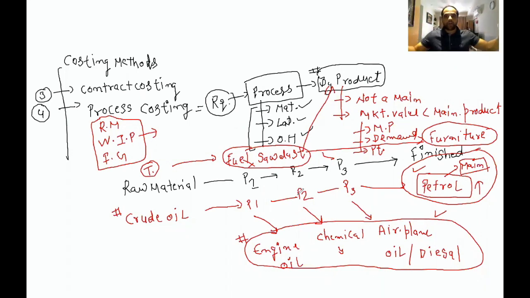When you are in the process of making the main product, things are coming out. So that thing's called a byproduct. Because still it's a product. Still people demand it. But the demand is lower than the main product. But still people need that. Some kinds of customers, some kinds of markets we have for that kind of product. But of course, the market is significantly smaller compared to the main products.